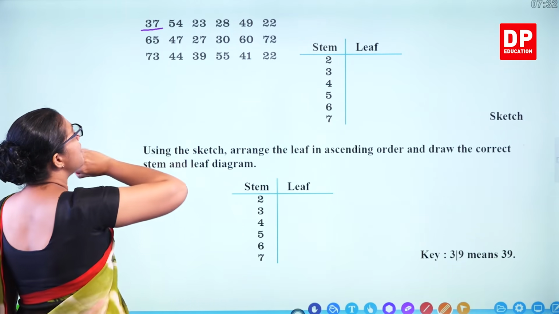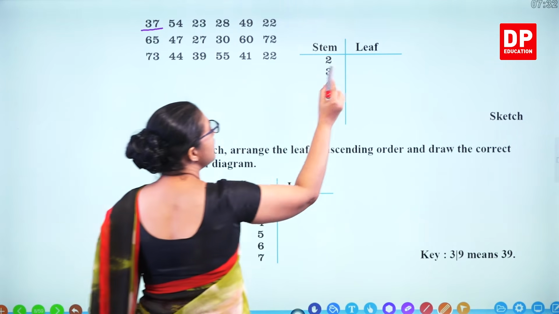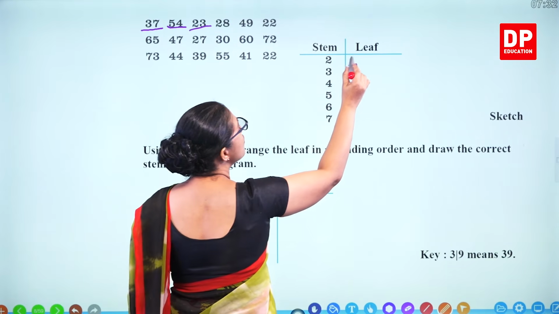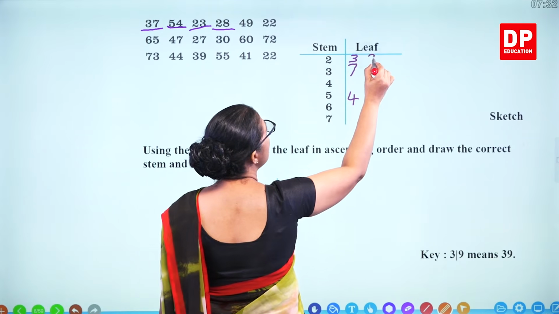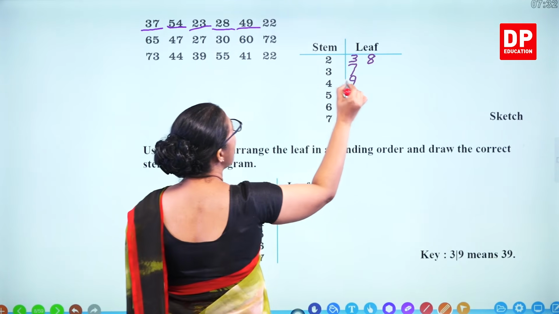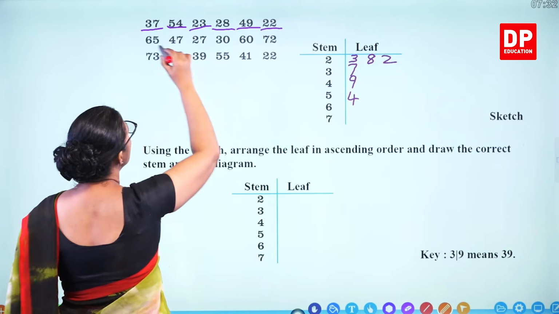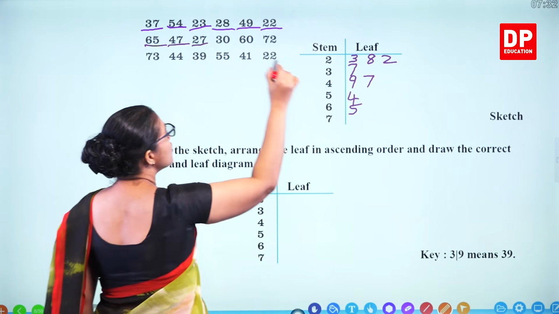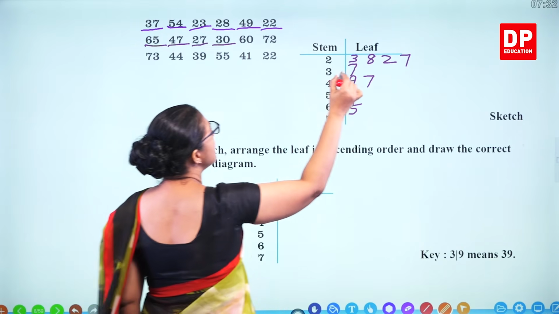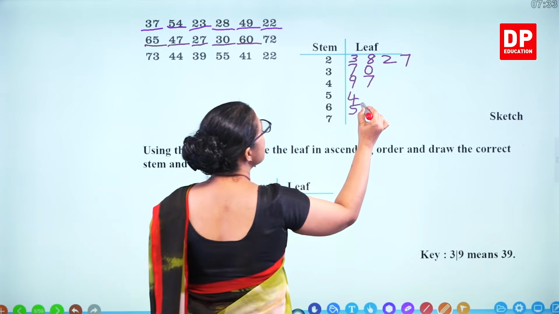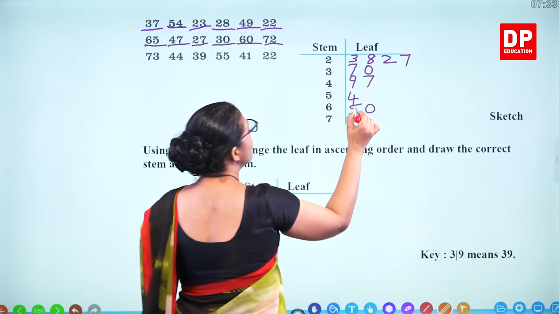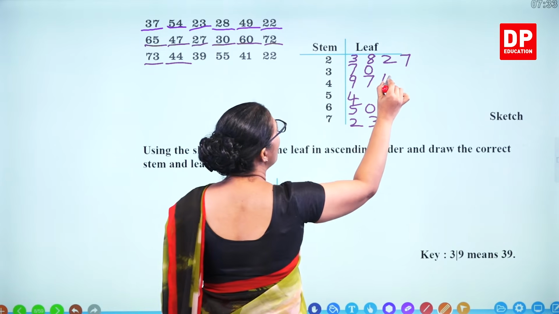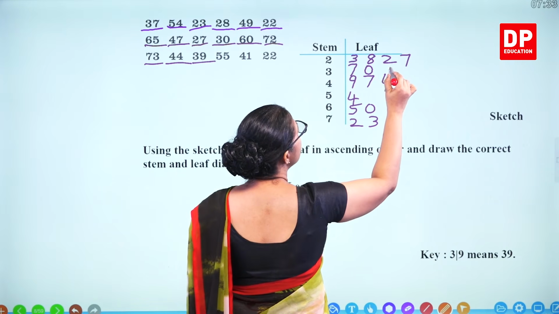Now we'll underline the number and put the leaf value. 37: 3, 7. 54: 5, 4. 23: 2, 3. 28: 2, 8. 49: 4, 9. 22: 2, 2. 65: 6, 5. 47: 4, 7. 27: 2, 7. 30: 3, 0. 60: 6, 0. 72: 7, 2. 73: 7, 3. 44: 4, 4. 39: 3, 9.